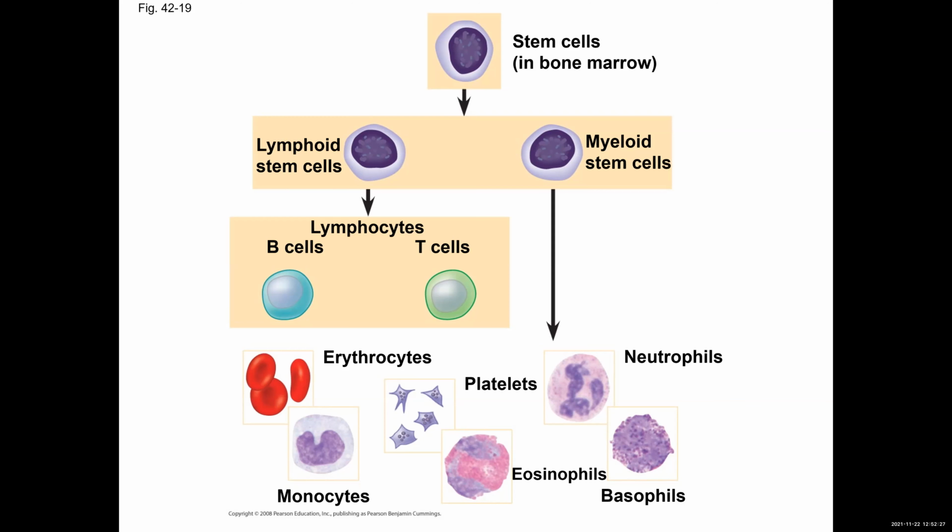They differentiate into all of these other kinds of white blood cells, also red blood cells, and again, platelets. Red blood cells' main job is transporting oxygen and carbon dioxide. White blood cells are part of the immune system, and platelets are important in clotting. We'll talk about this clotting mechanism. Blood clots in your brain are bad. A blood clot fixing a hole in your circulatory system is good, okay?